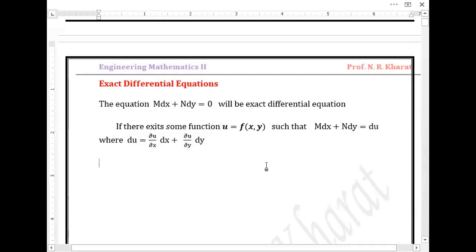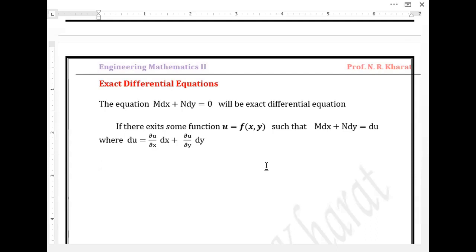The differential equation M dx plus N dy is exact if there exists some function u which is in terms of x and y. It means u is a function of the variables x and y.